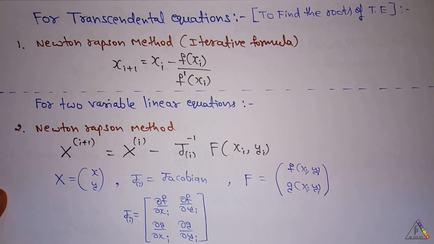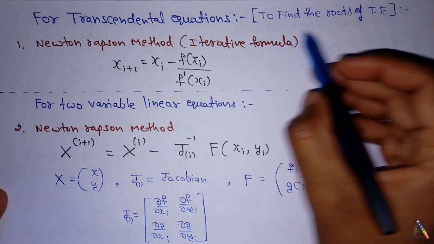For example, consider the equation x square minus log x equals 0, or x square minus sin x plus 2x equals 0. Those are all transcendental equations, which contain trigonometric functions or exponential functions, etc.